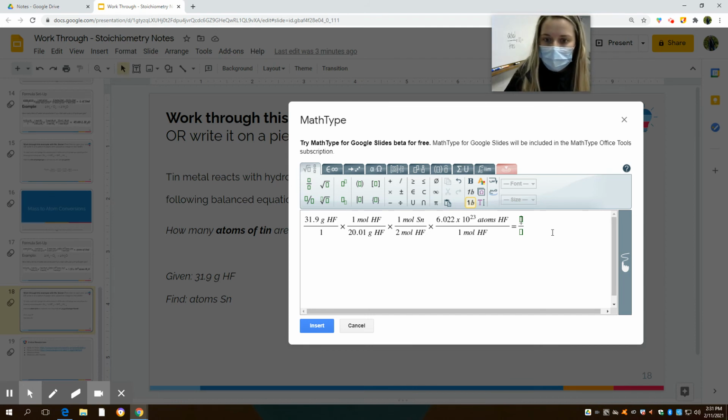Remember, when we're doing the math, the ones are irrelevant. We don't care about them. So we're going to do 31.9 times Avogadro's number to get us 1.921 times 10 to the 25th.